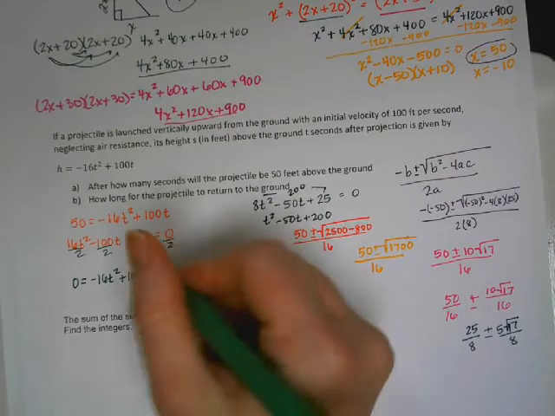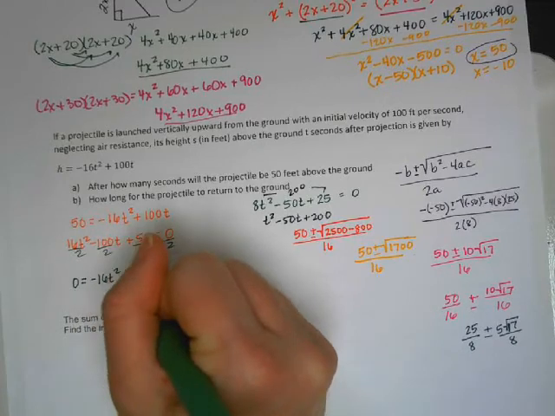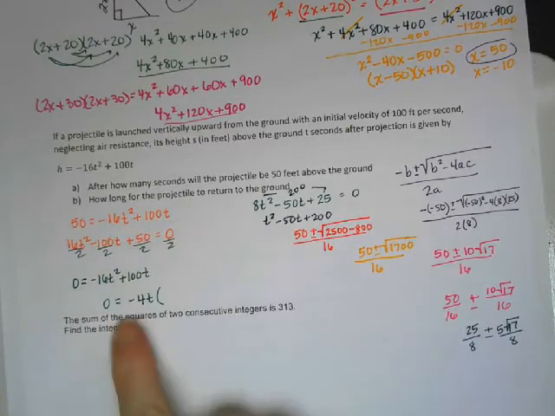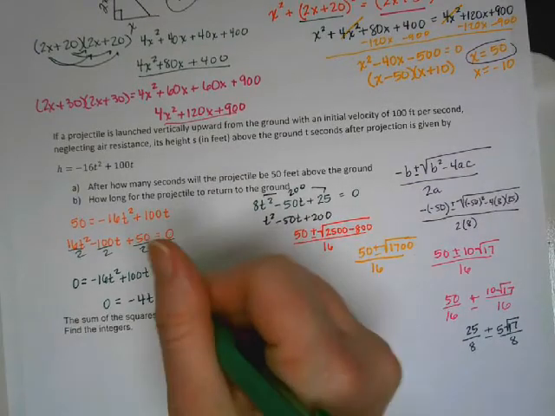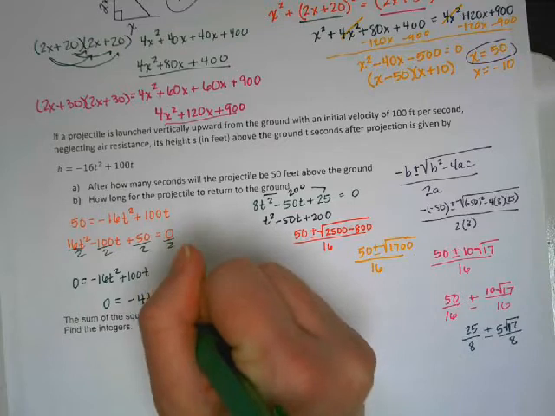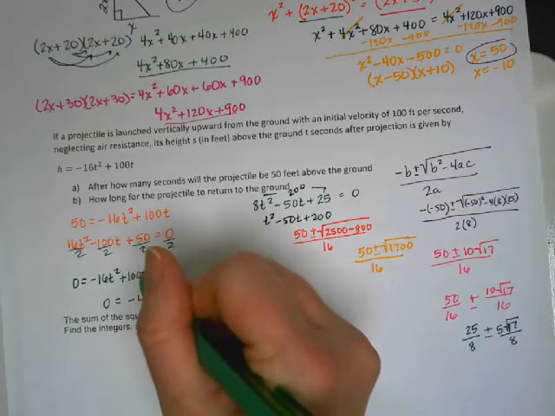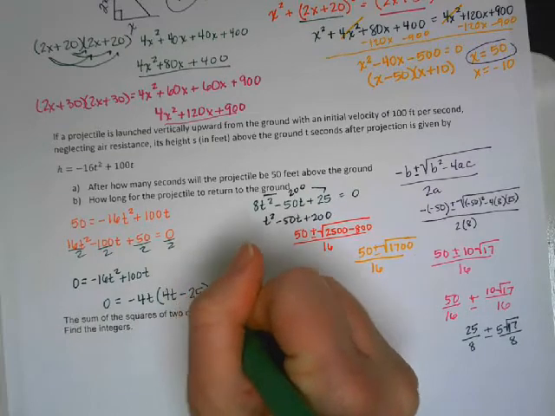So I'm going to do -4t since I have it on this side. If I divide a -4t out of 16t squared, what am I left with? 4t. And if I divide a -4t out of 100, what are you left with? 25.